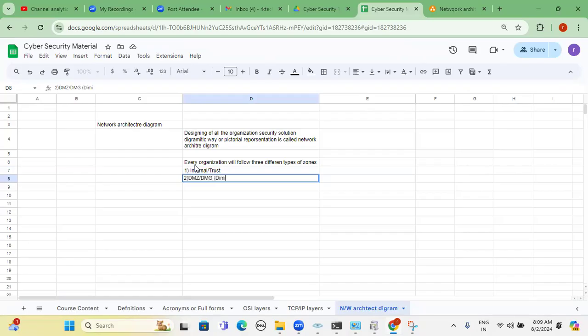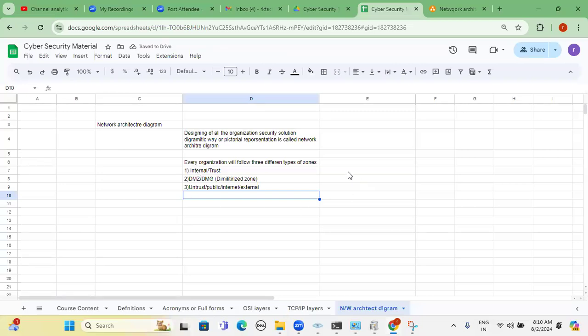This is an important exam question, guys. The third one is untrust, or public, or internet, or external. So these are three different types of zones.